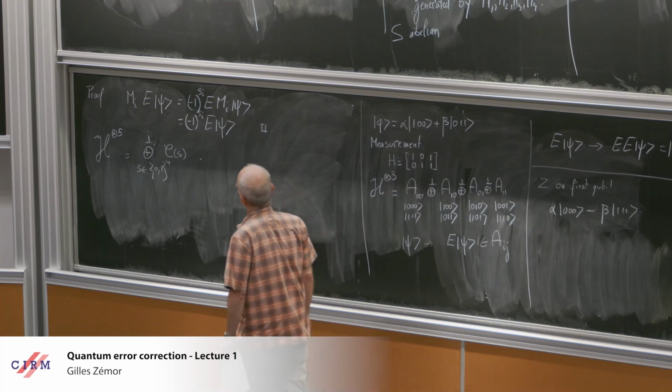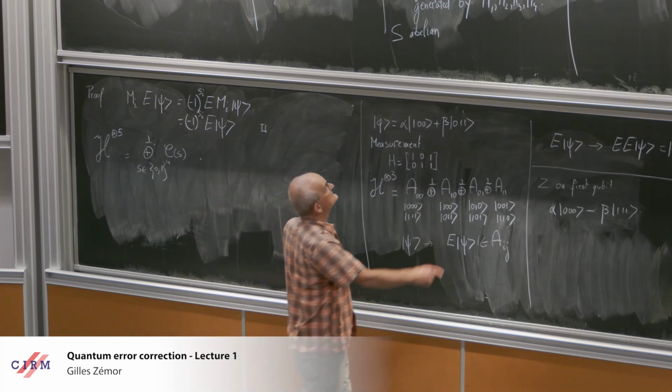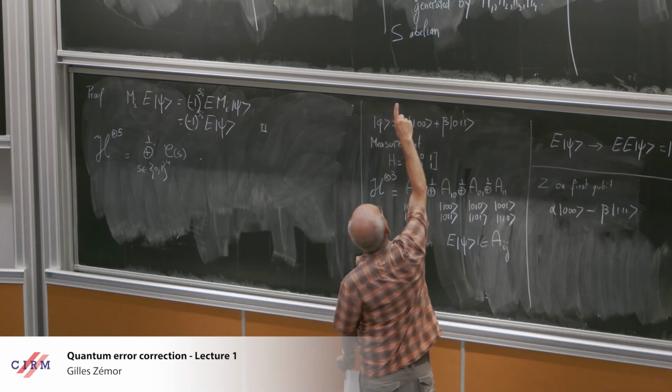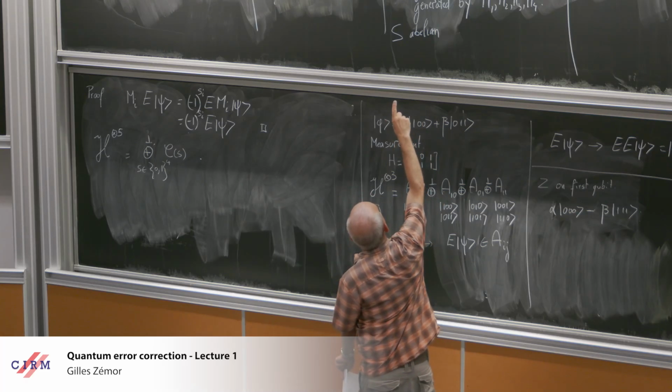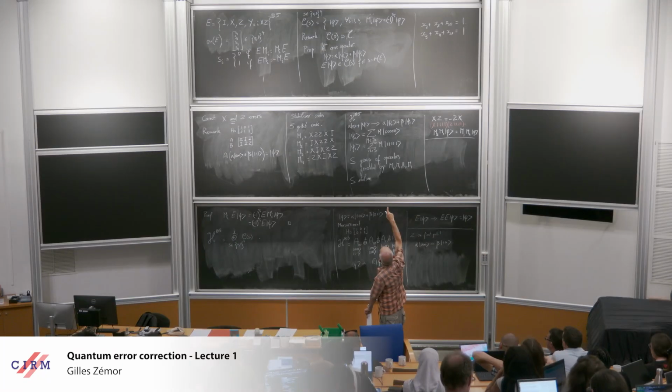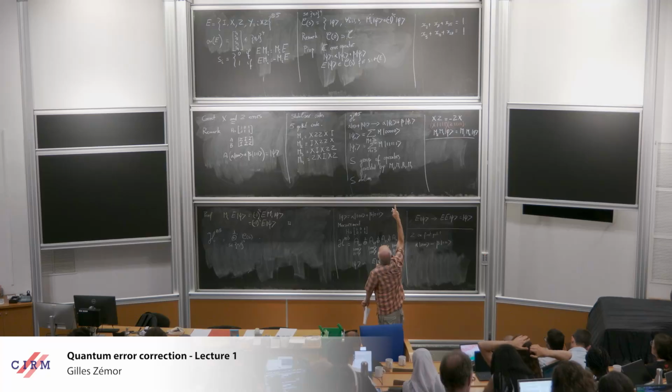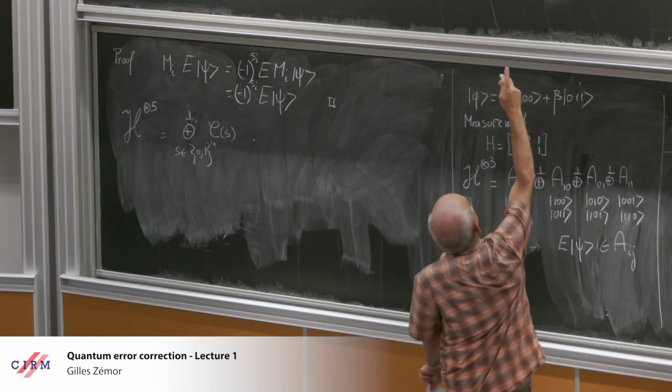Why? Because if you look at the definition, it's all up there, of C_S, what is it? It's states that satisfy a bunch of equations of the form some operator times phi equals phi multiplied by either +1 or -1.